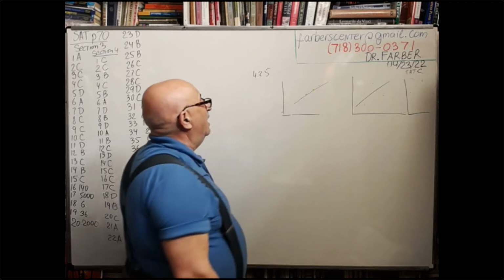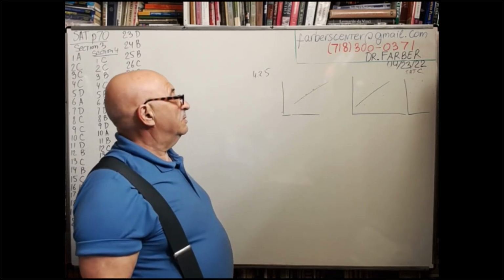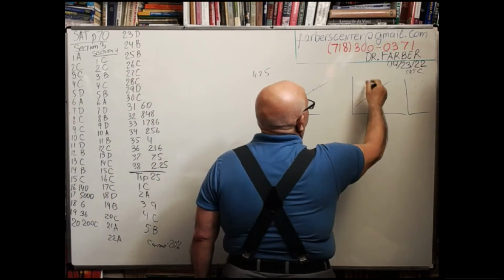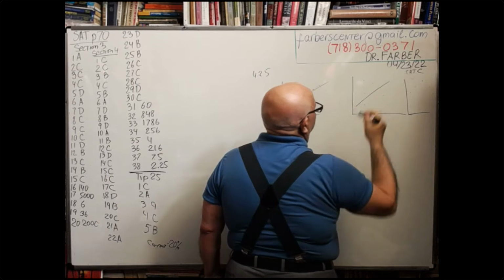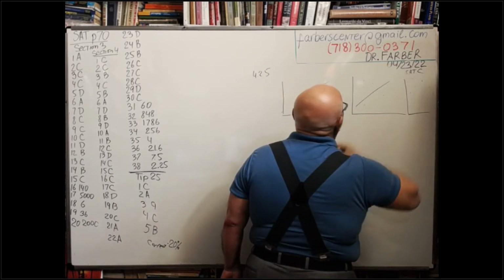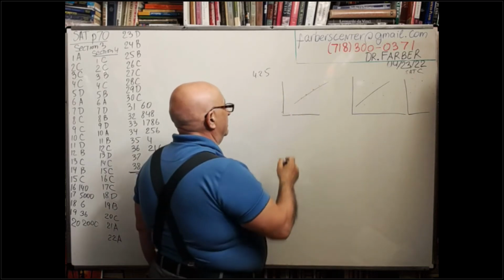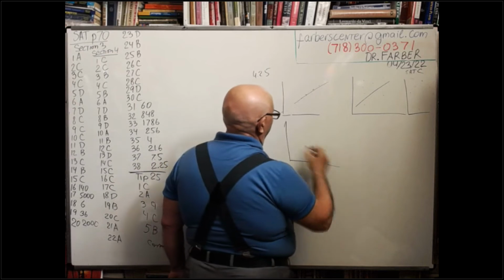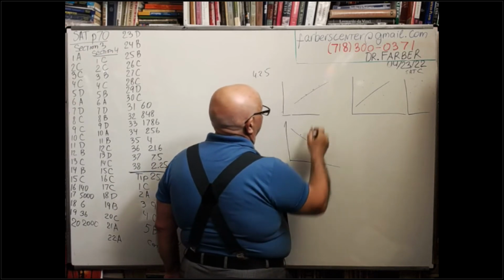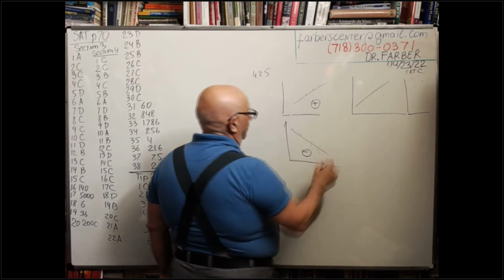When the data is very close to the line, it is very strong; when it is far or distant from the line, it is weak correlation. And in this case, no correlation. If the line goes up, it is positive correlation. If you have the same picture and the line goes down, it is negative, since the slope is negative.